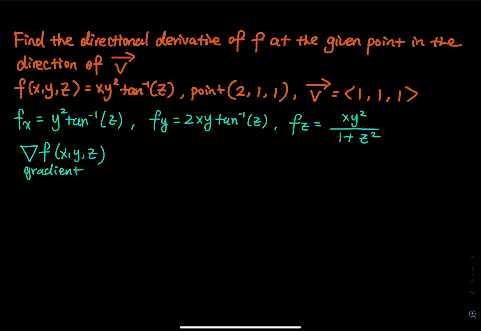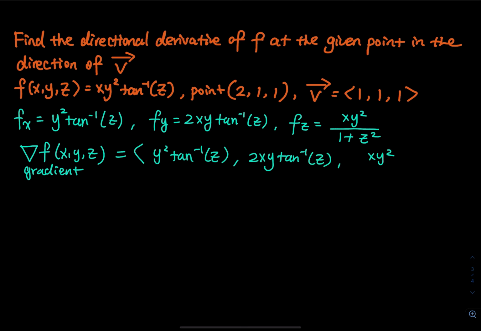Instead of saying del f, I would just say the gradient of the function, gradient of f of x, y, z, equals, we put it in this form: y squared times inverse tangent z, comma, and then 2xy times inverse tangent z, comma, and then xy squared divided by 1 plus z squared. Okay, and then what about at that point?